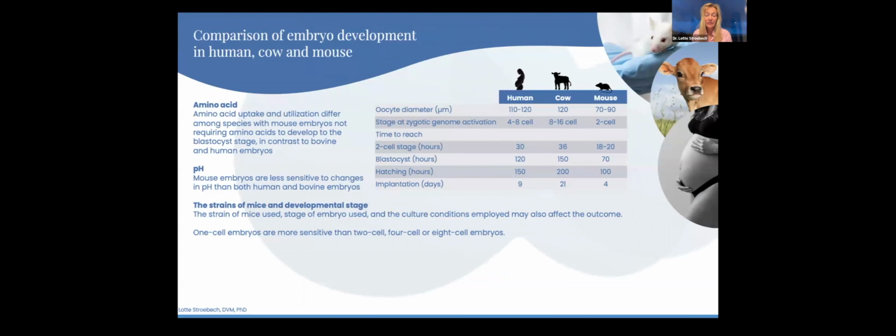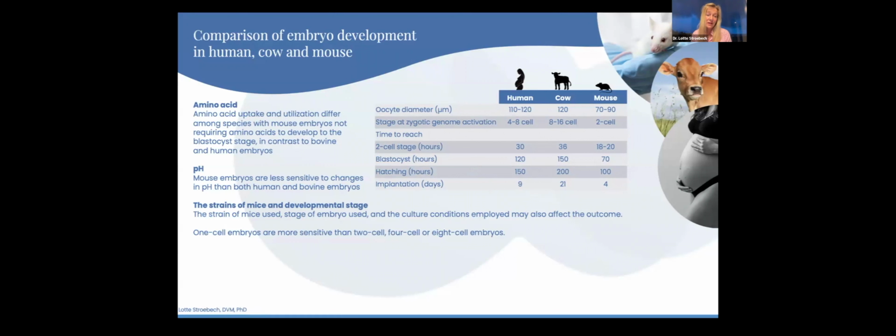Comparison of embryo development in human, cow and mouse, there are huge differences as well. The oocyte diameter is more equal in cow and human. The start of the zygotic genome activation, time to reach a 2-cell stage, the blastocyst hours, hatching hours, and then implantation days is difficult to compare because there's a totally different implantation and placenta formed in the cow.